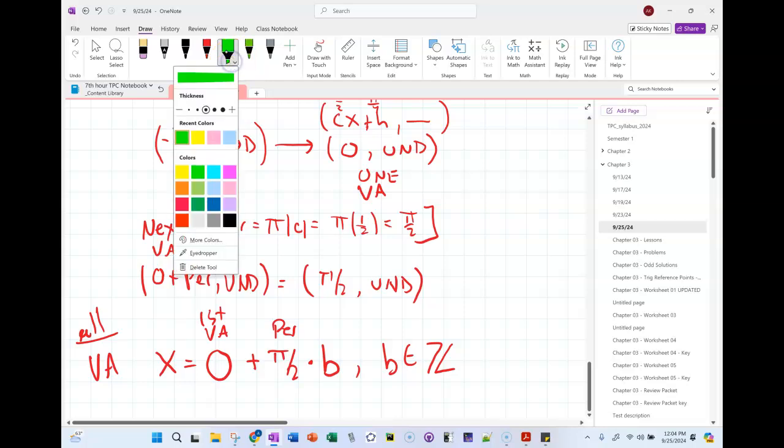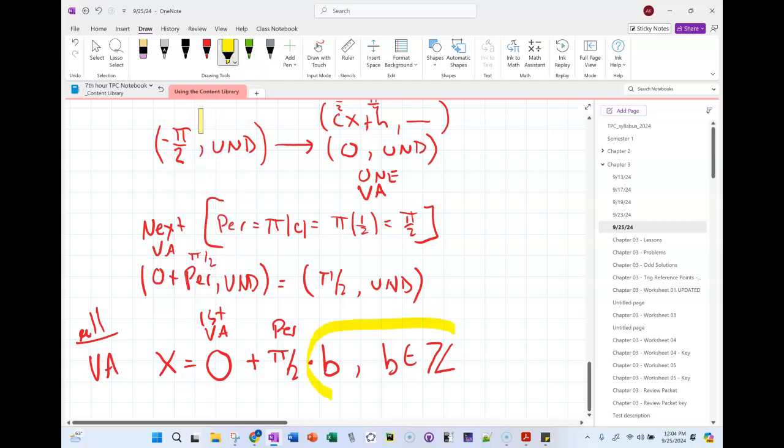So that set of symbols here at the end is just saying my vertical asymptote's at 0, and then every whole number amount of periods after 0. So 5 periods down the line, another vertical asymptote. Minus 6 periods forward, another vertical asymptote.